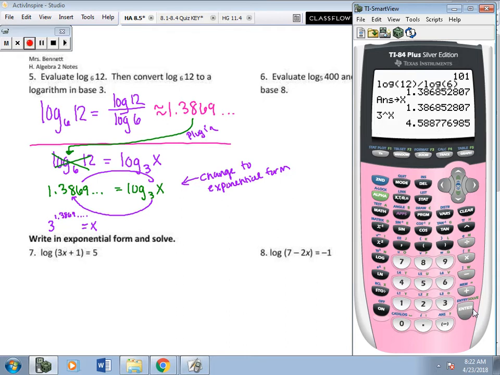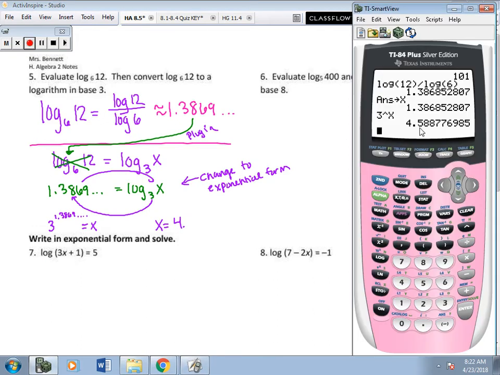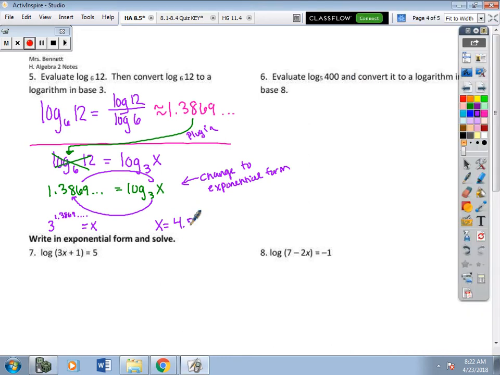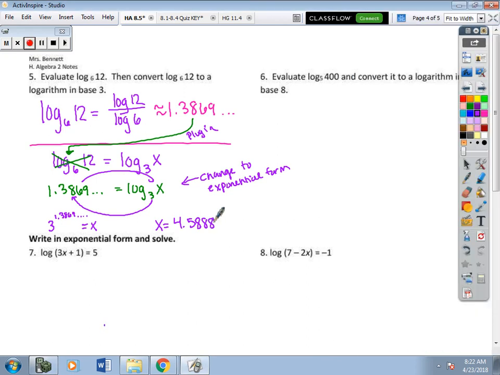So we'll get this answer. And let's go ahead and just round to the nearest ten thousandth again. So we'll do 4 decimals. 4.5888. Now that's not our final answer.